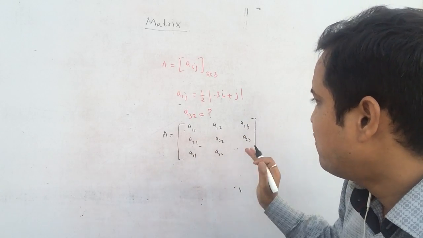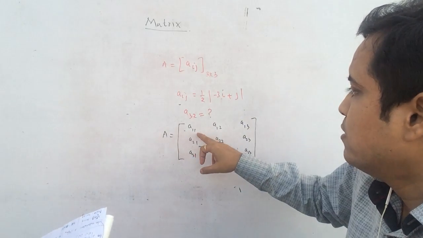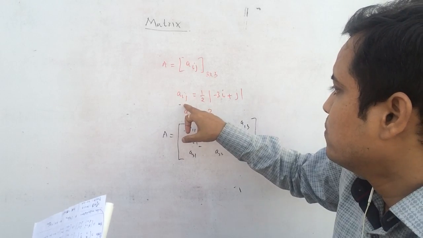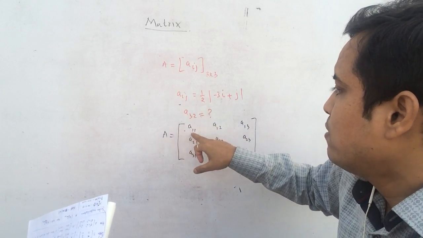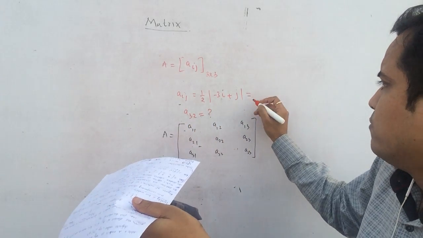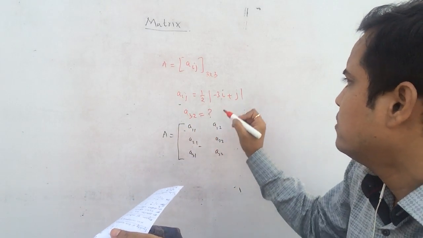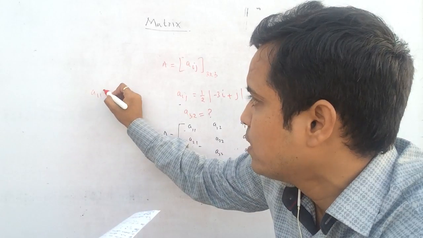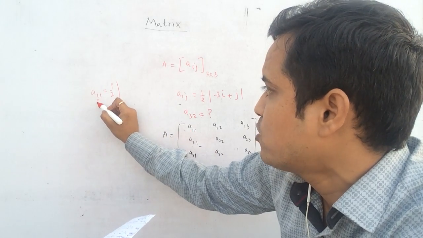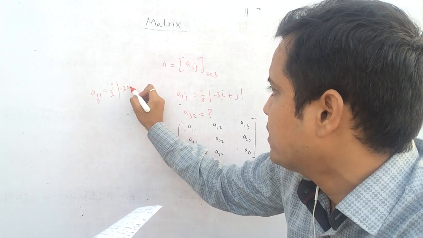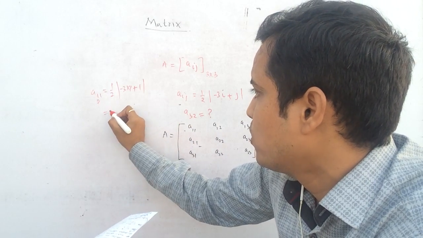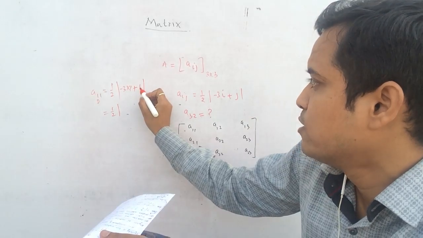Now you have to find all the elements by applying the values. Like A11, put the value i as 1 and j as 1. So A11 equals 1 by 2 of minus 3 plus 1, which is minus 2.